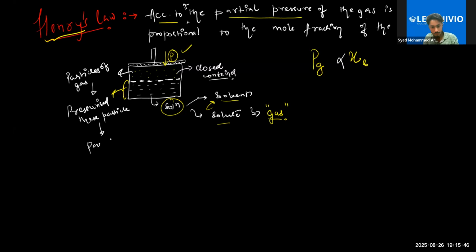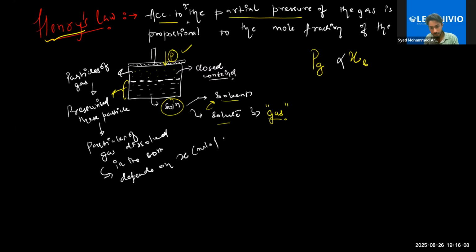The particles of gas dissolved in the solution basically depend on the mole fraction of the gas. Understood? So the partial pressure is directly proportional to the mole fraction of the gas which is there in this solution. Understood or not?